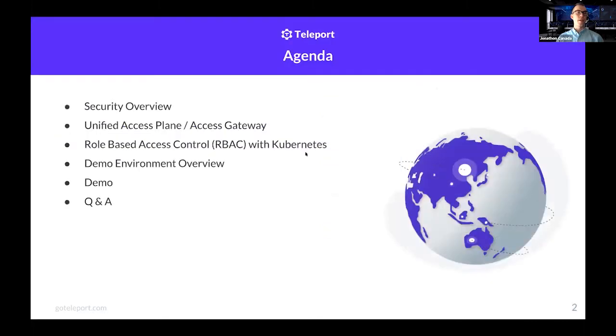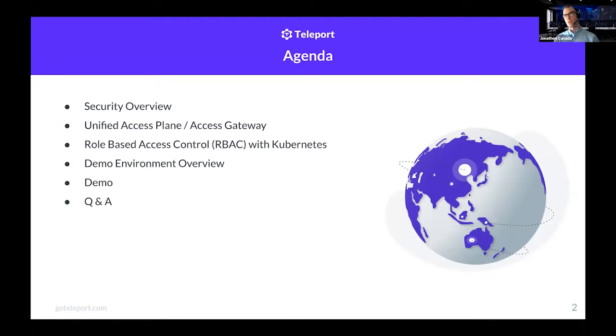So the agenda for today: I'm going to start with a very high level overview of security, discussing things like attack surfaces, security architecture, and zero trust concepts. I'll then move into using a unified access plane or an access gateway for accessing infrastructure.